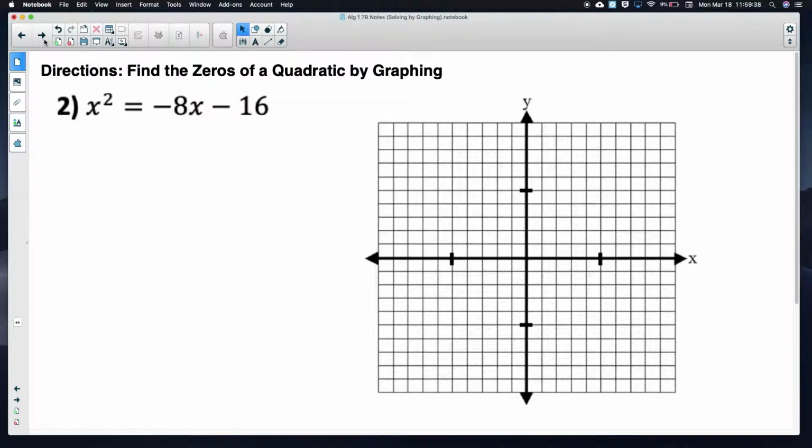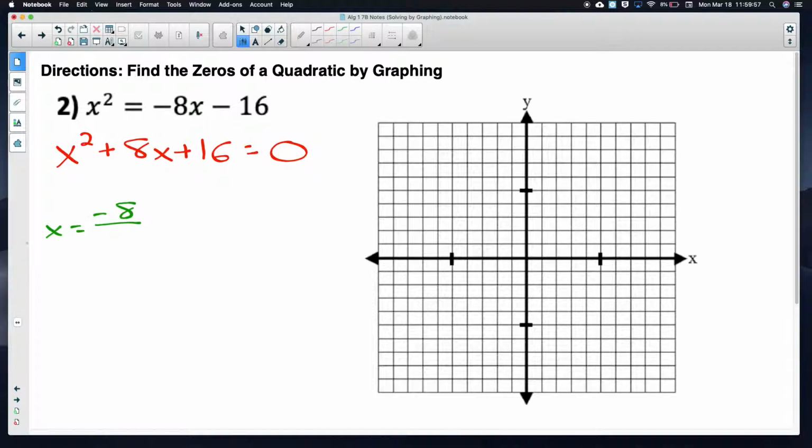So the first thing we got to notice is that this equation is not set equal to 0. So let's get it set equal to 0. And then this one I actually want us to practice using standard form. So I got x equals negative b, which is the 8, over 2 times a, which is 2.